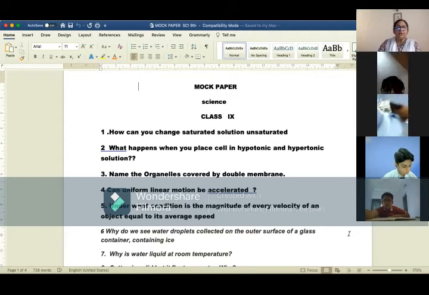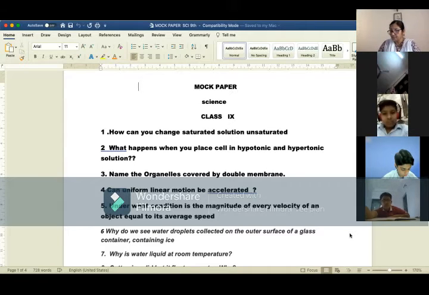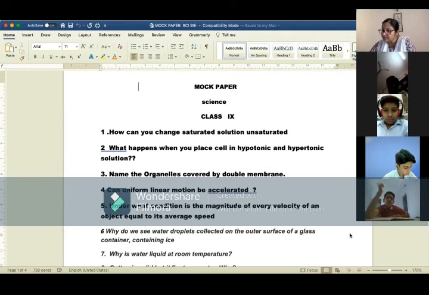Question 1. How can you change a saturated solution to unsaturated? You write this answer first, then you will tell me the answer.